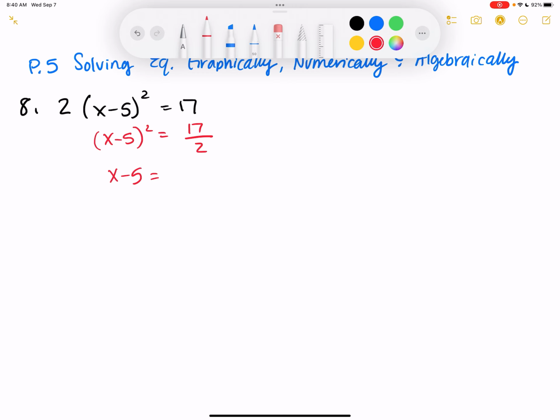So x minus 5 equals what? What am I supposed to do when I take the square root of something? You square root that.